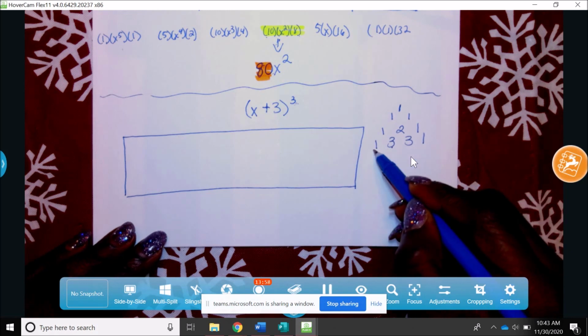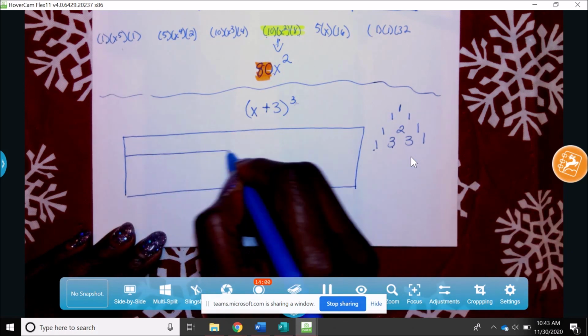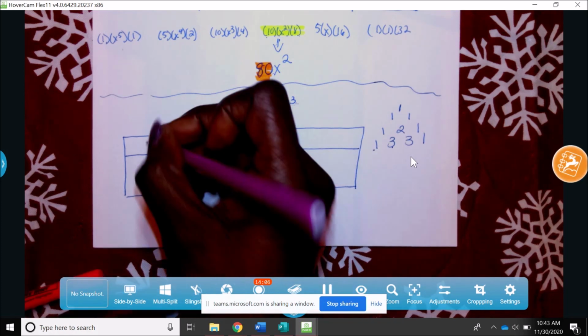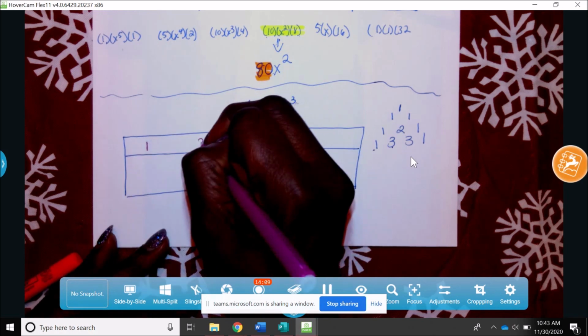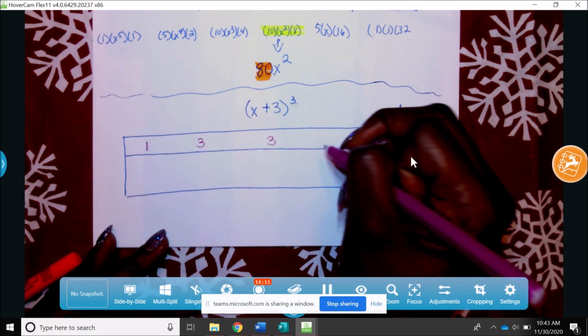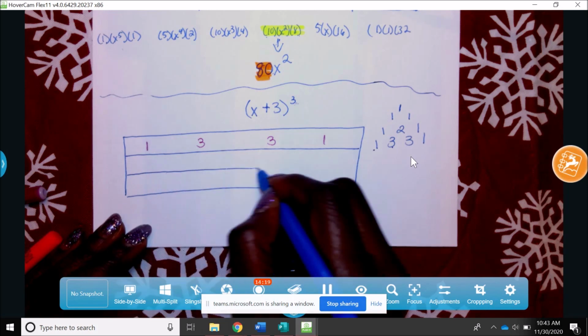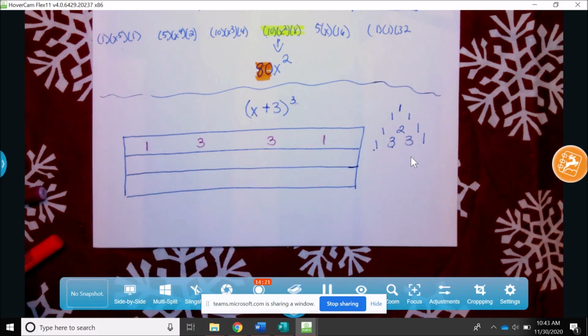So I'm going to take this row, and I'm going to write out my coefficients. 1, 3, 3, 1. And just leave a little space in between. Okay, for my second row, I'm going to use the first term, and I can go ahead and write these things on the side.